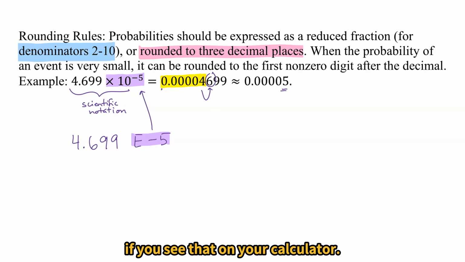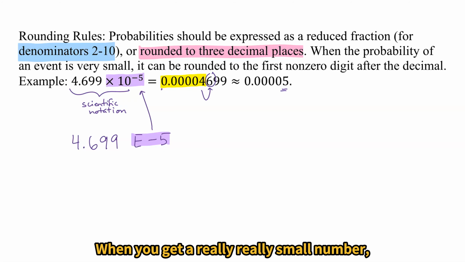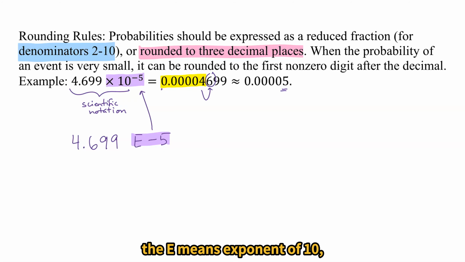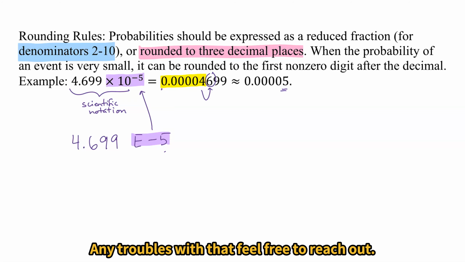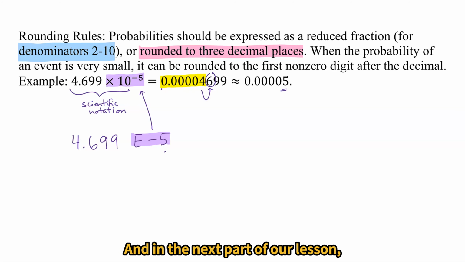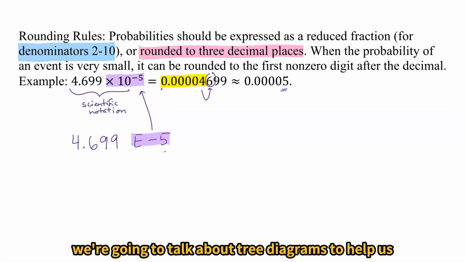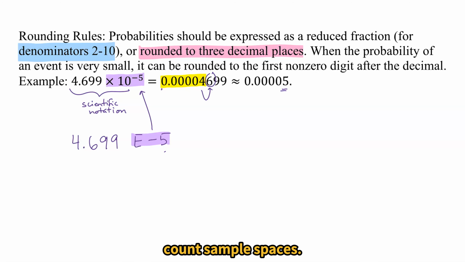Just be aware of that if you see that on your calculator when you get a really, really small number. The e means exponent of 10, and that exponent would be negative 5. Any troubles with that, feel free to reach out. And in the next part of our lesson, we're going to talk about tree diagrams to help us count sample spaces.